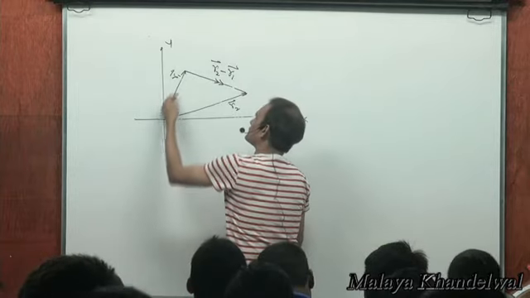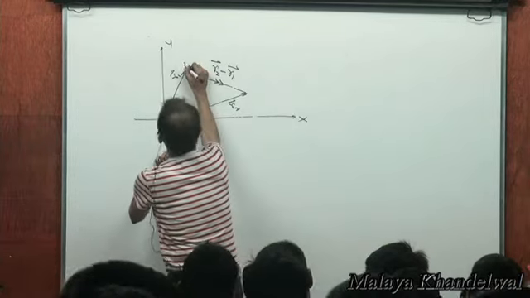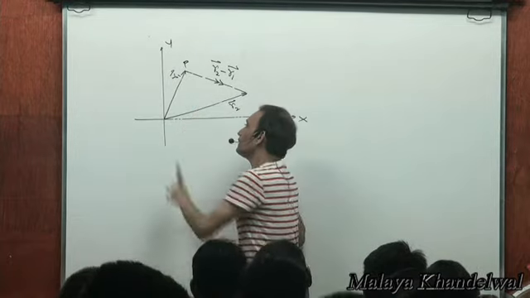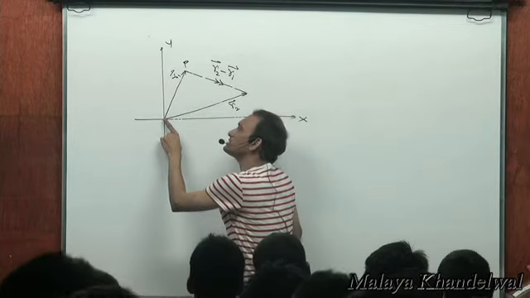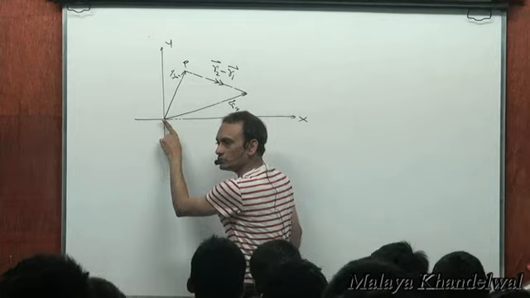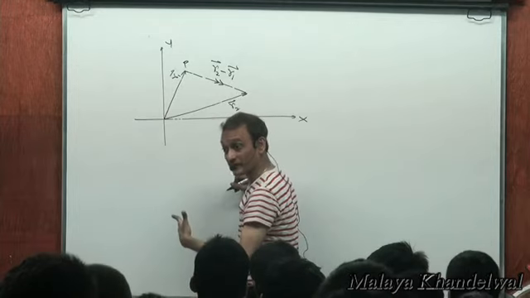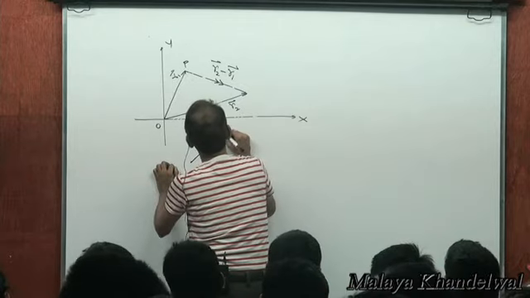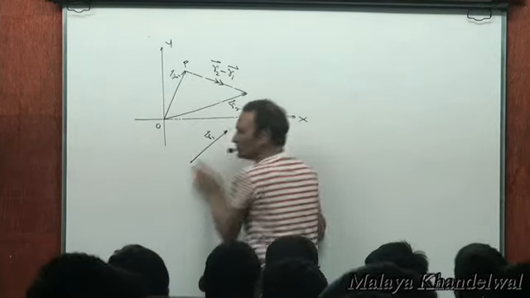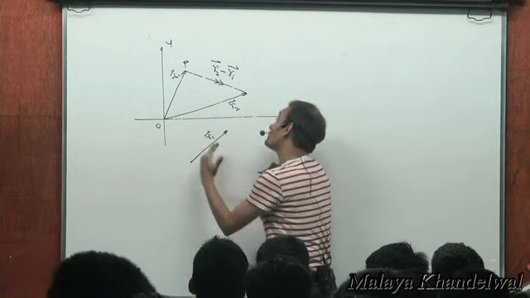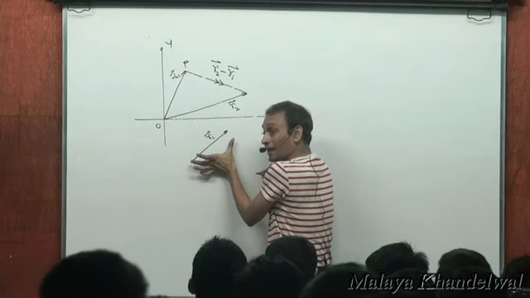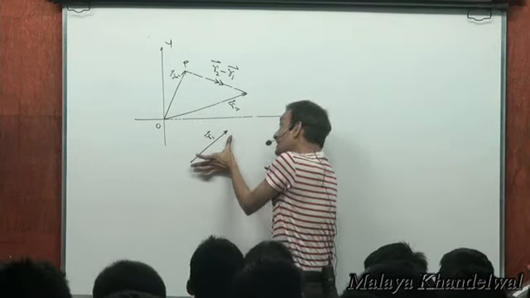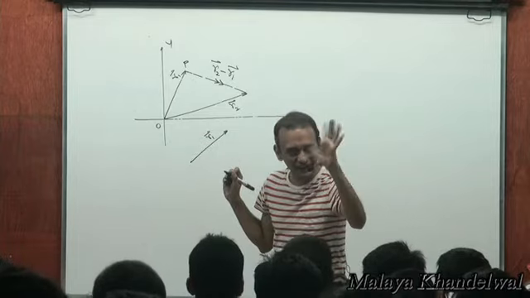This vector R1 locates a point P. If a vector has one end at the origin, it will locate a point P and therefore it is a position vector. But I could move this vector parallel to itself, in which neither the orientation changes nor the length changes. Then this vector is R1 but not position vector R1.